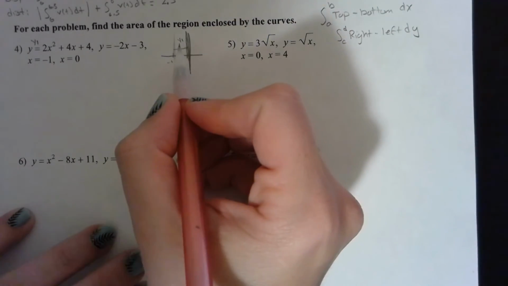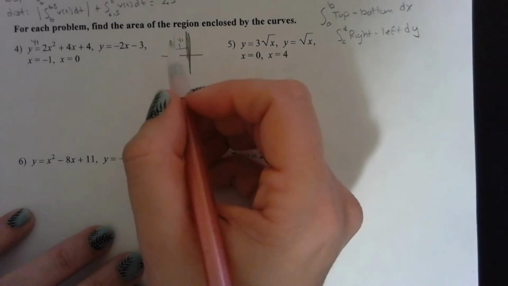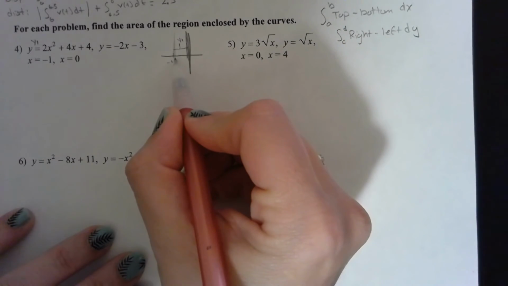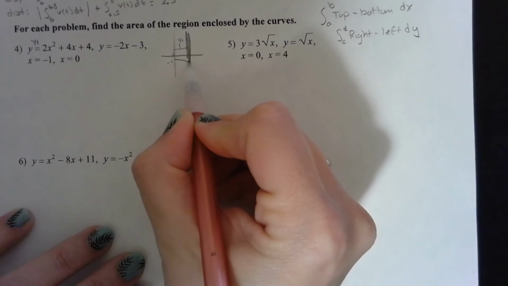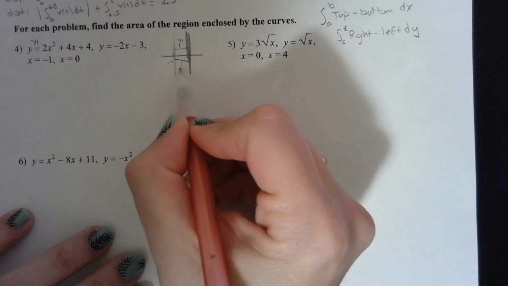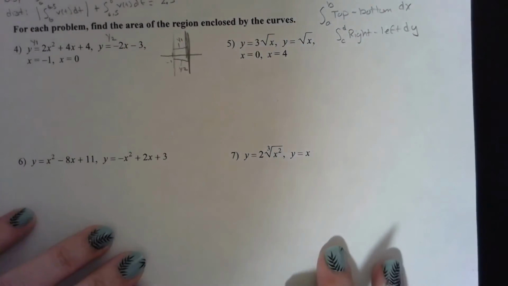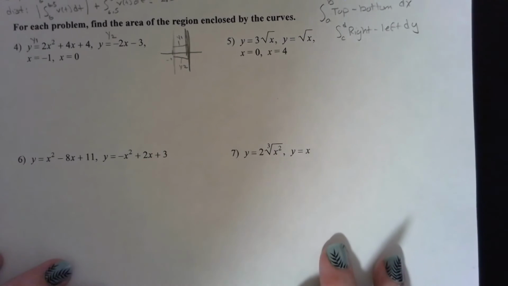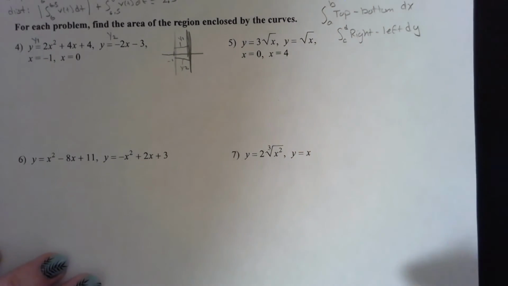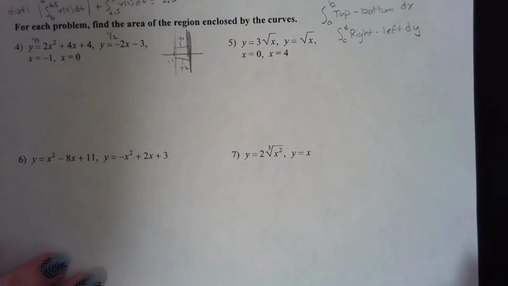Then my other function was actually below the x-axis down here, and it kind of went away from the x-axis. Let's call this one y2, my second function. So I can clearly see which one is the top function and which one is the bottom function. My y1 is the top, my y2 is the bottom.